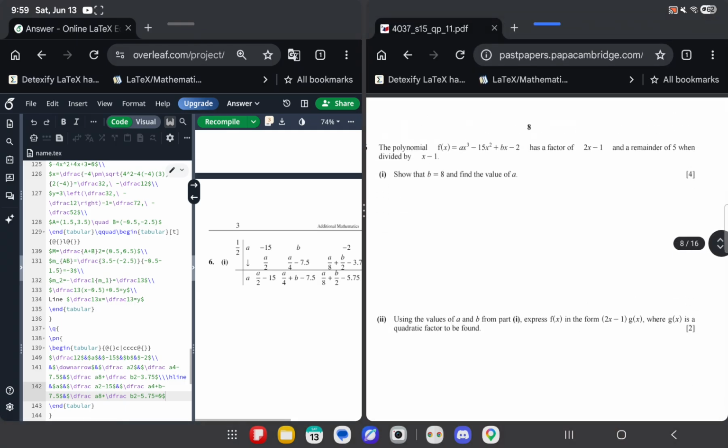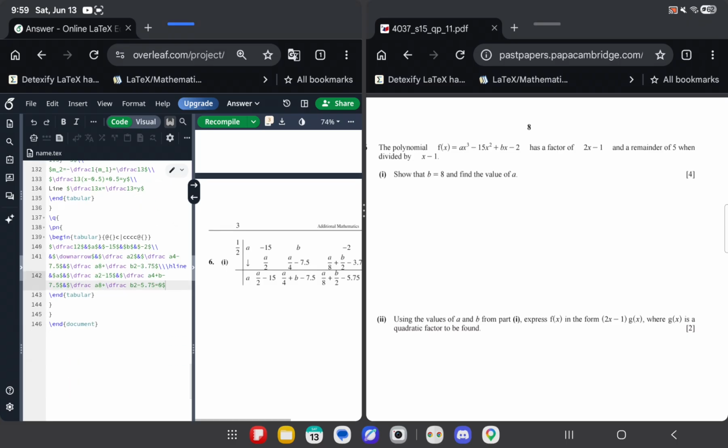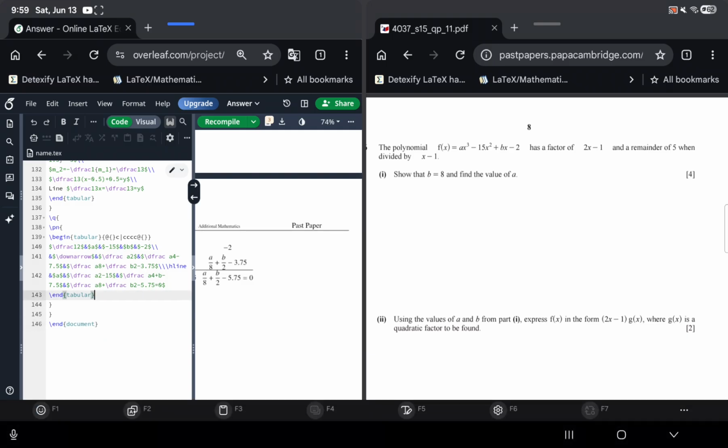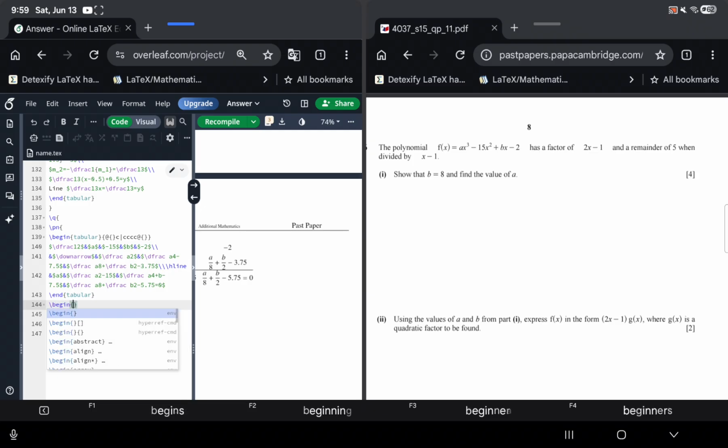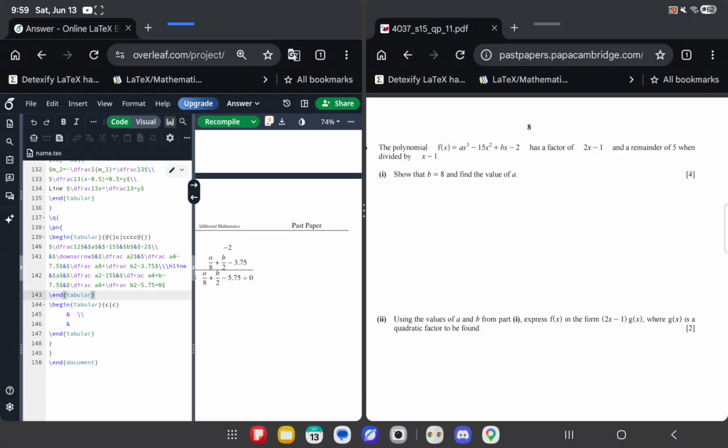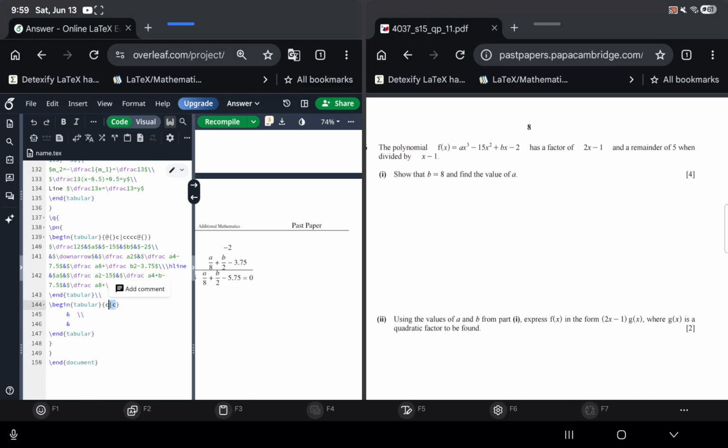And another condition, the remainder is 5 when divided by x minus 1. So we need to do all this yet again. Yeah. But I hope this would be a bit easier. Tabular. Let's just do it in a new line.